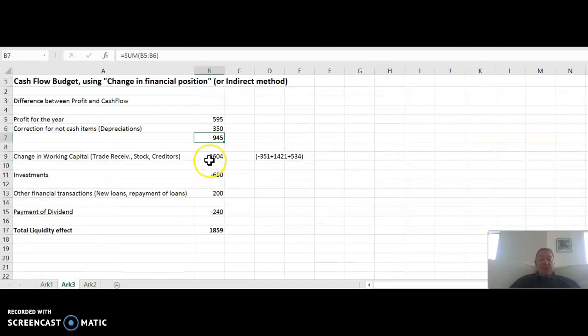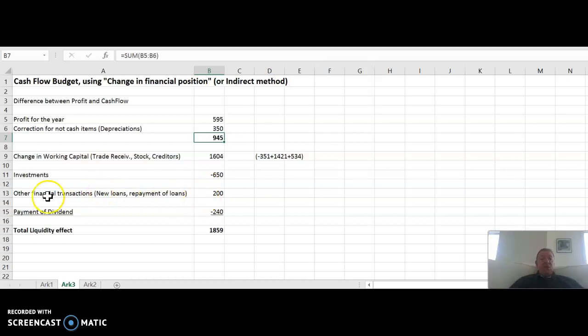So this is a plus for our liquidity, and we added it to the profit from the income statement. Then, of course, if we are buying machinery or other fixed assets, we have to deduct it because it is not part of our income statement. These are things that we are purchasing during the year, and therefore we have to subtract this amount.